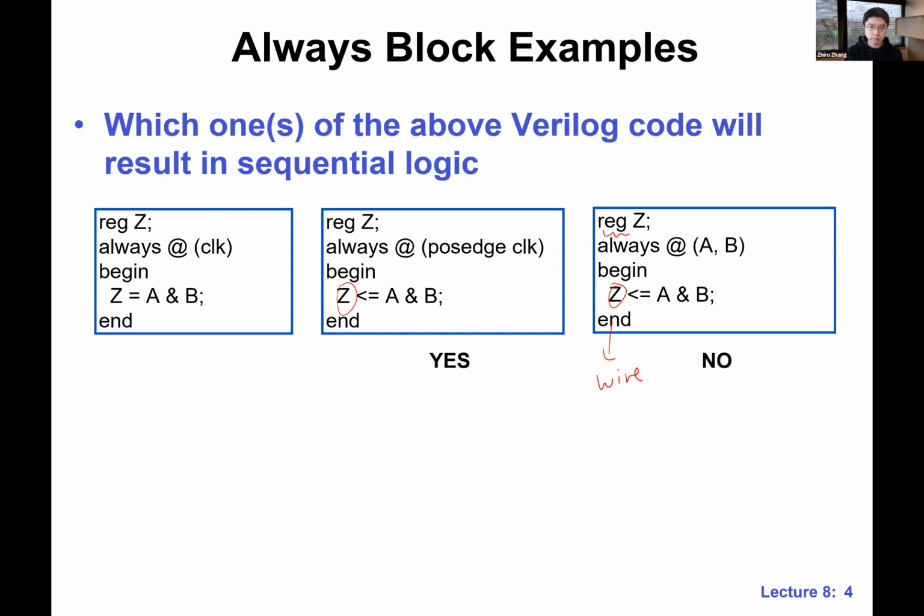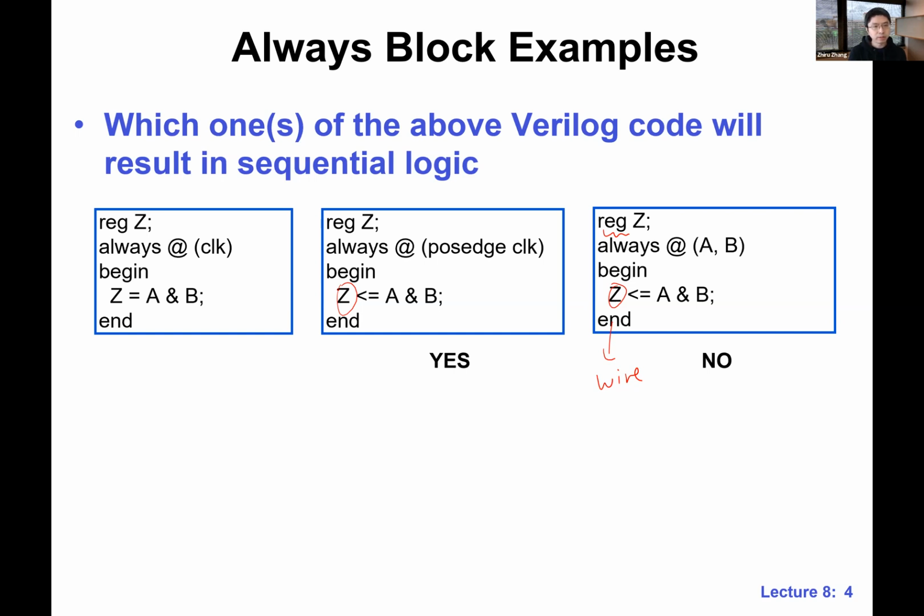Z changes at the clock tick, at the rising edge, right after the rising edge. Okay, so if you got these two right, then you will get full credit for the quiz. These two are important, and I intentionally made this quiz a little bit tricky in the sense that if you look at the leftmost one, it's actually not a good design.